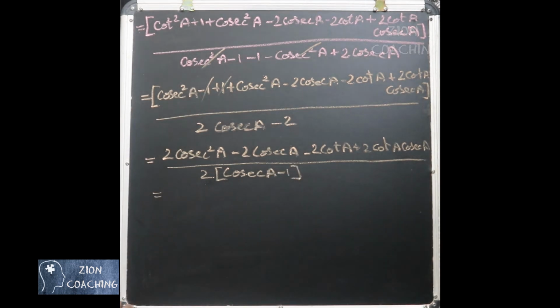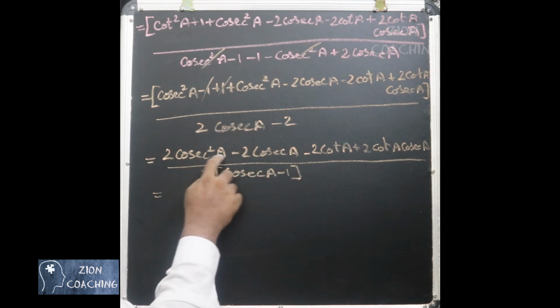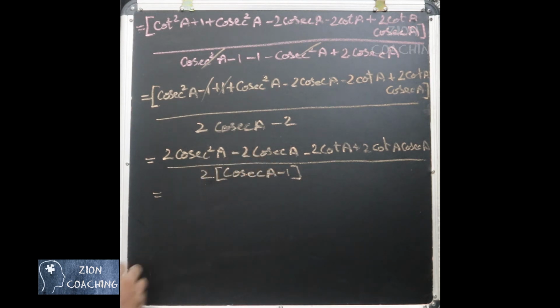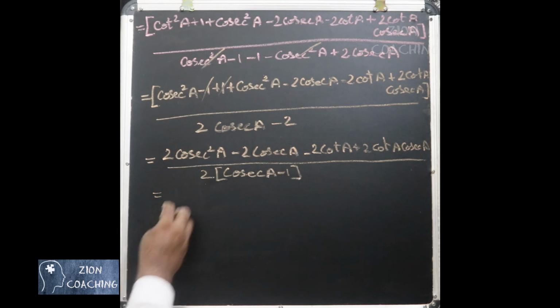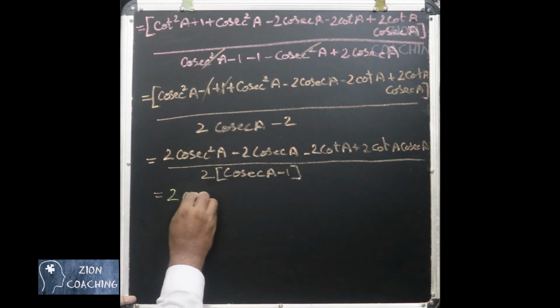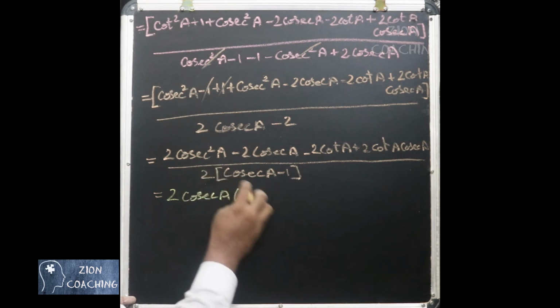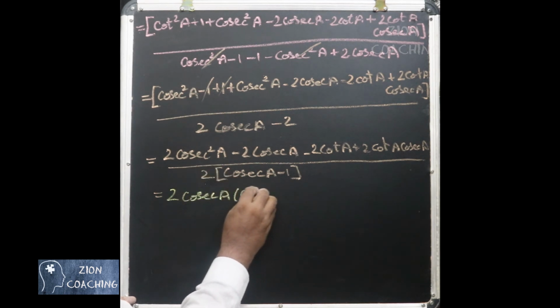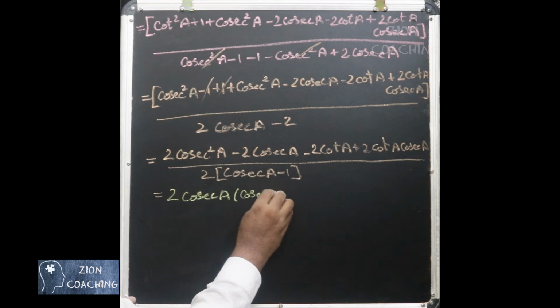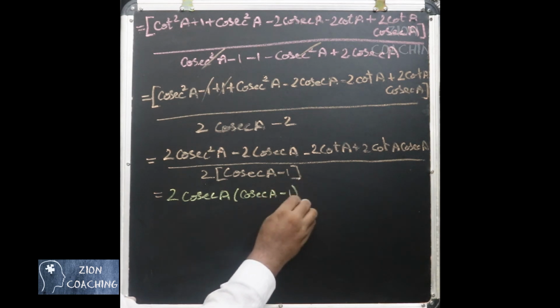Now when you pull 2 cosecant A commonly outside from the first two terms, 2 cosecant A, then in the first term you can see that cosecant A is remaining, in the second term 1 is remaining.